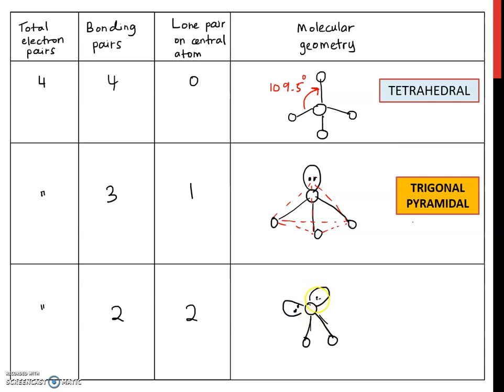Okay, so here there's 2 lone pairs, so the repulsion is higher and then they repel each other, so dia akan angle jadi lebih kecil, so structure berubah jadi bent structure.